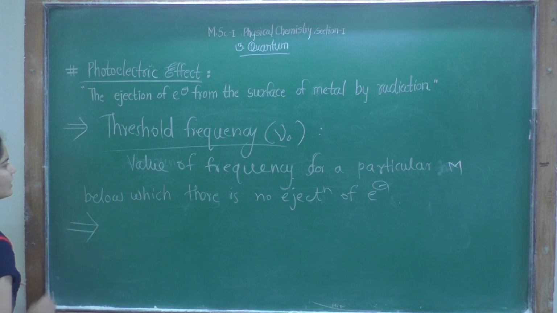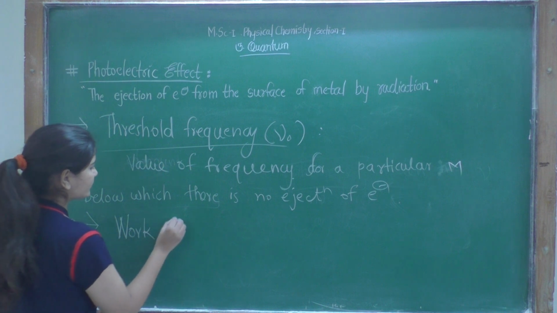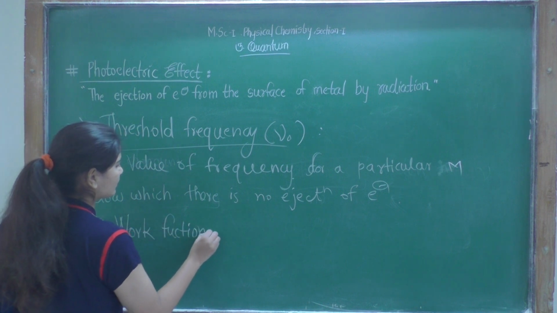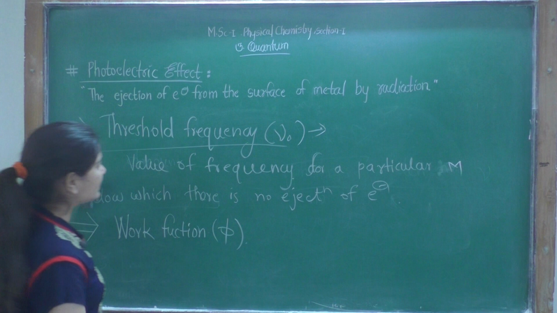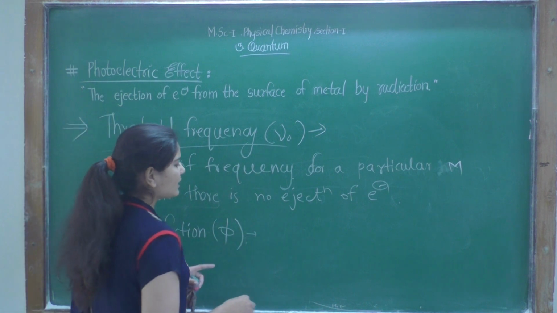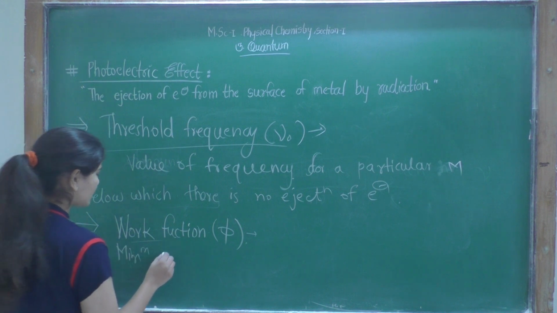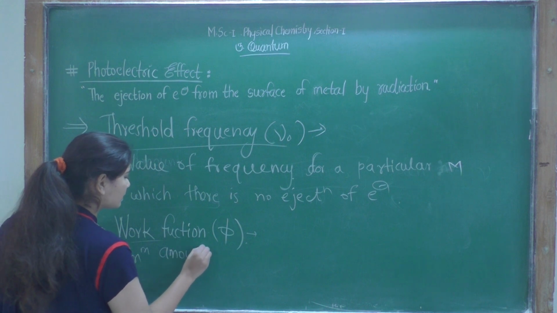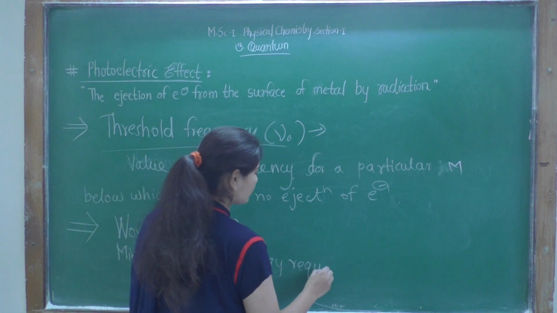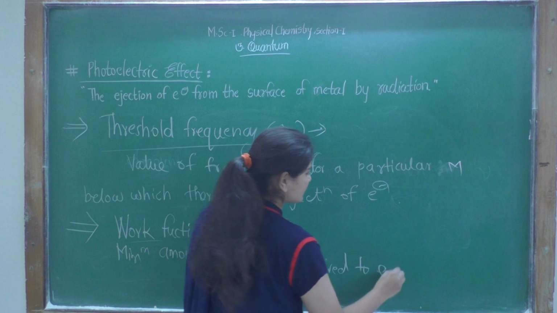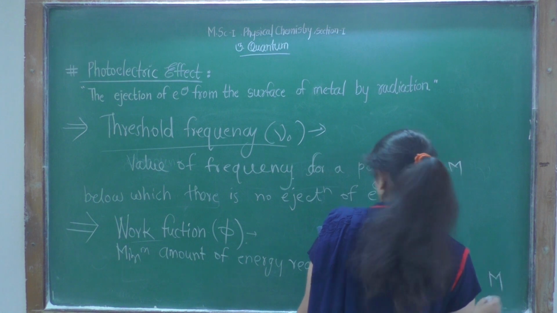Similarly, another term arises, that is work function. What is the work function? It is denoted phi, and it is also observed experimentally. It is the minimum amount of energy required to eject an electron from the metal surface.